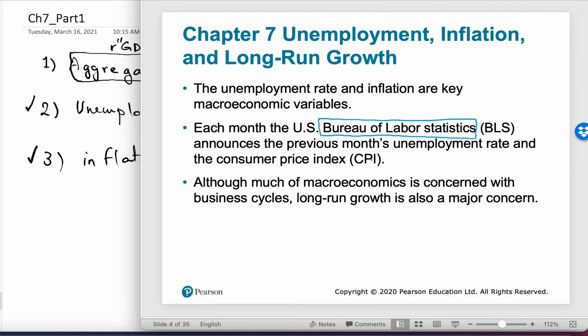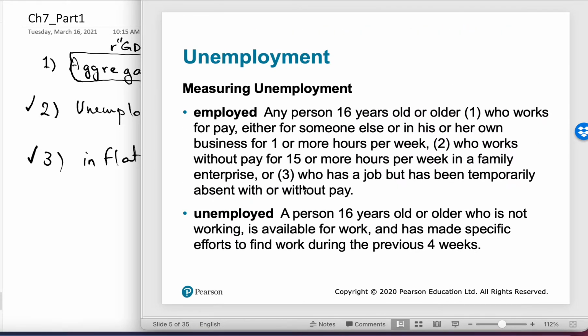So it generates some indicators which help us to calculate the inflation rate and unemployment rate, and they announce it in their monthly reports.